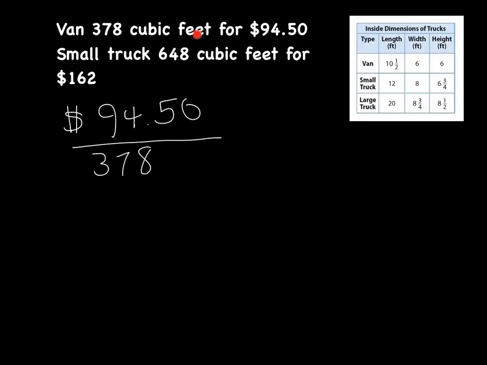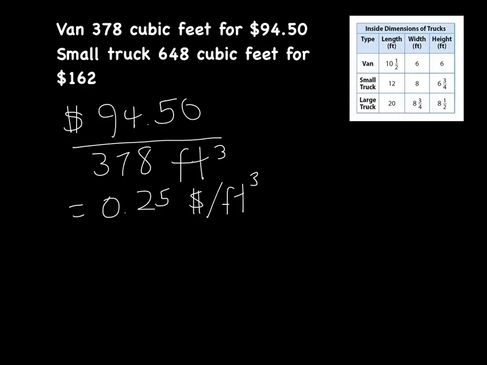I used the term cubic foot up here. Let's use the abbreviation for that, and let's write feet cubed, like that. All right, what do we get? Well, I'll tell you what we get. Use a calculator to get $0.25 per cubic foot. So that means it costs 25 cents to rent a cubic foot here.